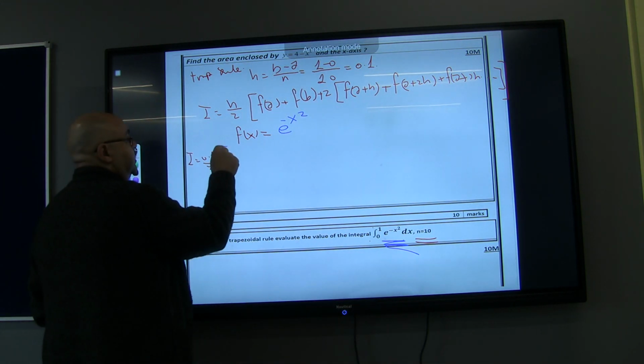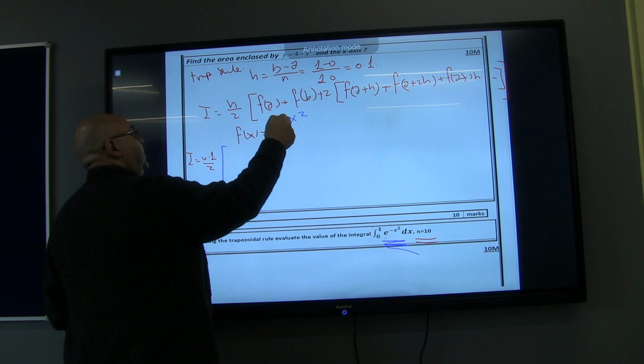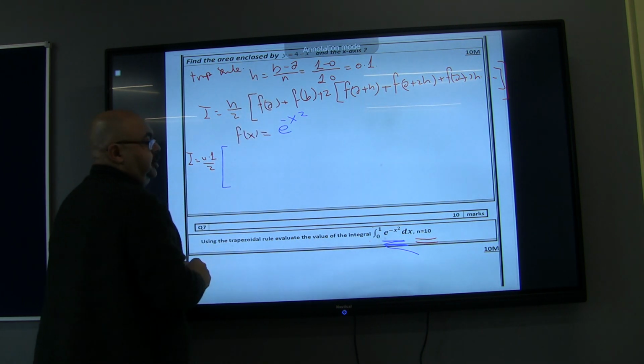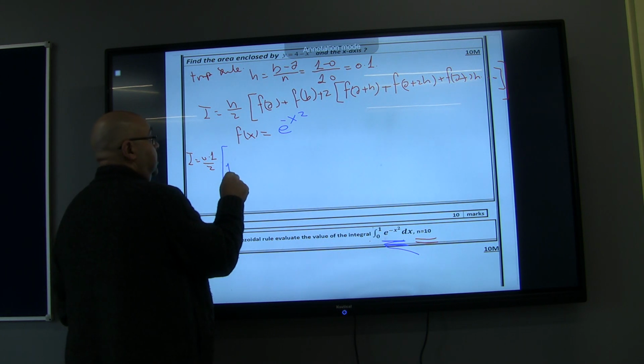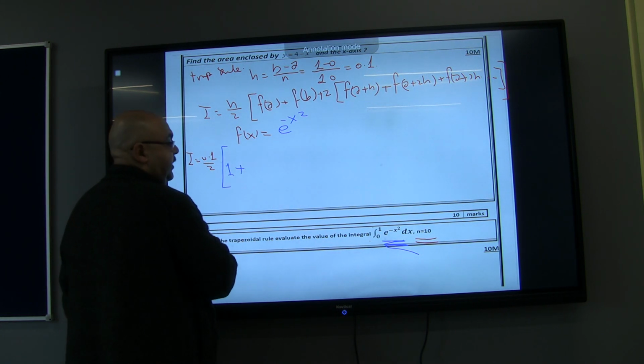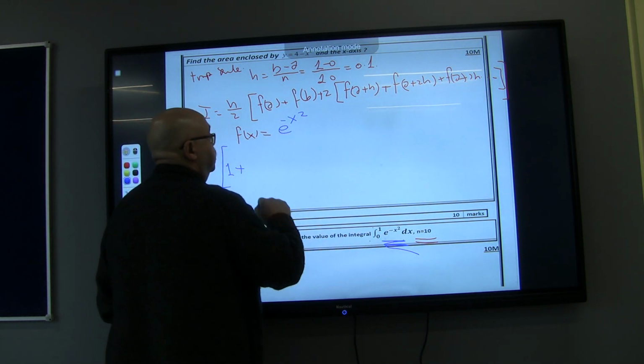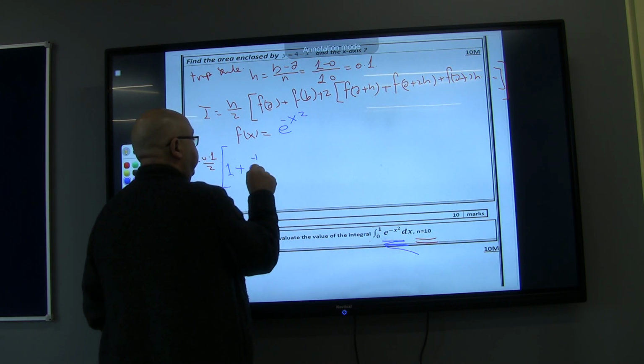So simply, once you replace x by the integration limit, which is 0, it's going to be 1. Then plus f of b, and we replace x with positive 1, so it's going to be e to the power of negative 1.